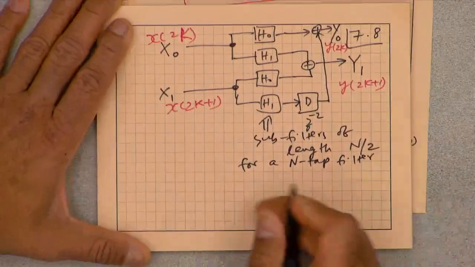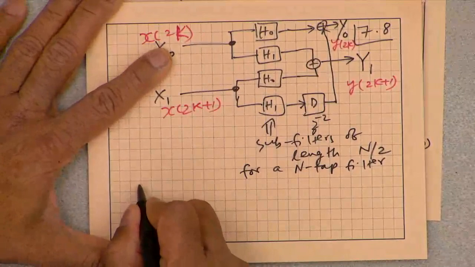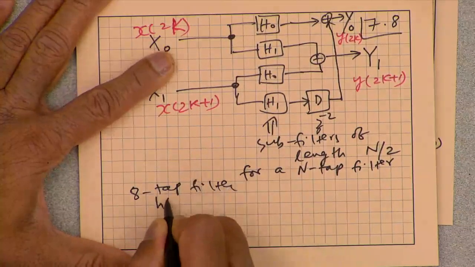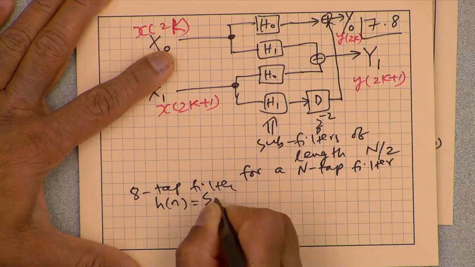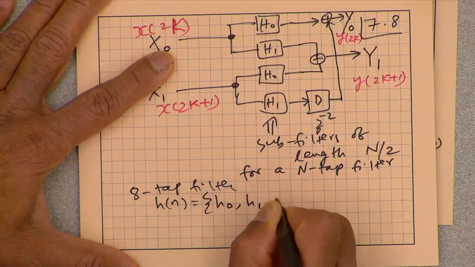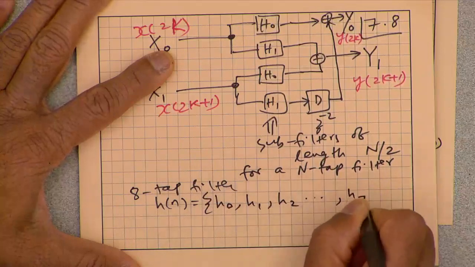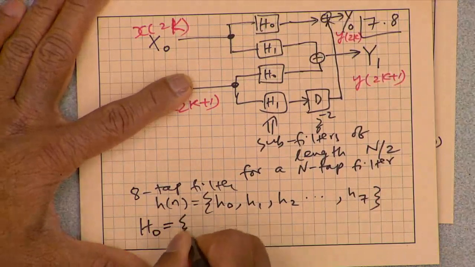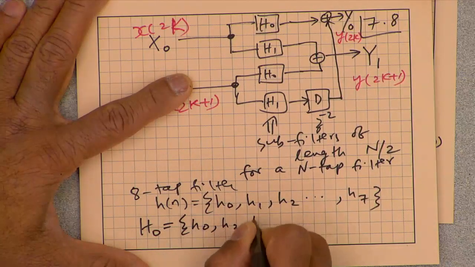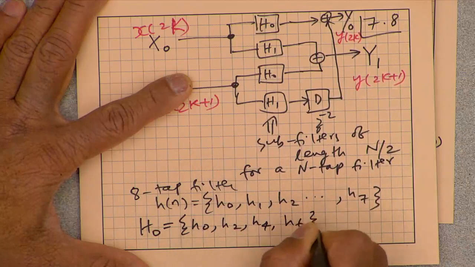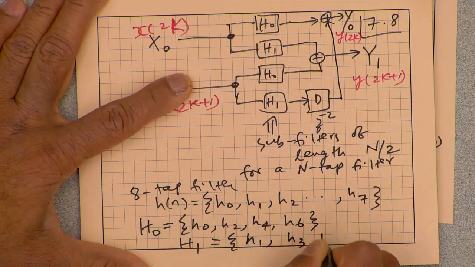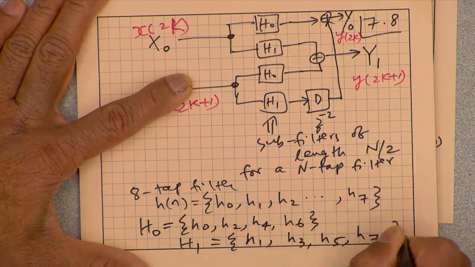That means that if, let's say, I had an 8 tap filter, so Hn was an 8 tap filter H0, H1, H2 up to H7, then H0 will be the even subfilter H0, H2, H4, H6, and H1 will be the odd filter H1, H3, H5, H7.